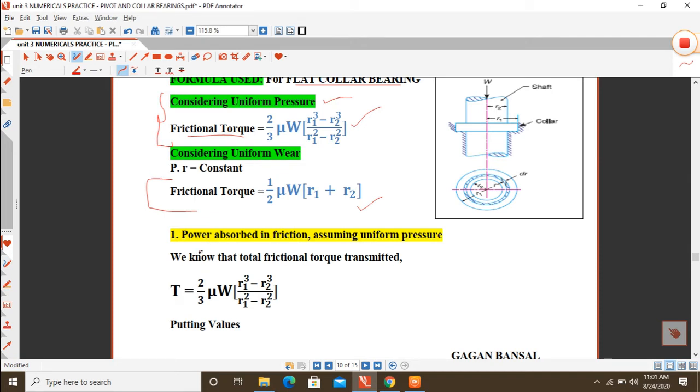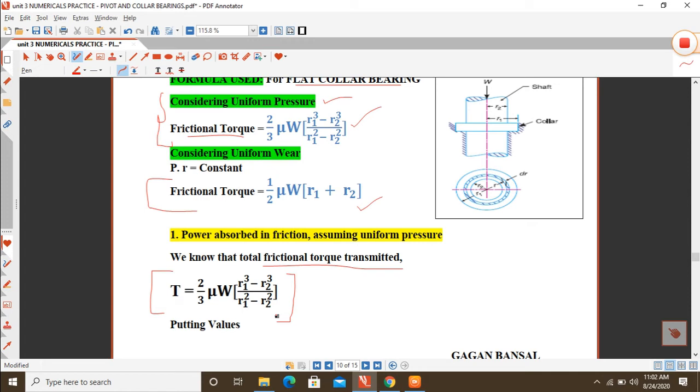So for power we require torque, so we will proceed the way we have done previous numericals. Now assuming uniform pressure, we know that total frictional torque transmitted is T equals 2 by 3 mu W R1 cube minus R2 cube upon R1 square minus R2 square. I would again say that please write these formulas on a piece of paper before solving the numerical.